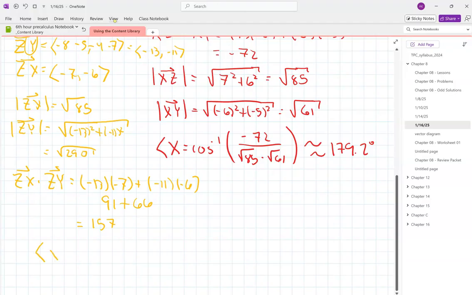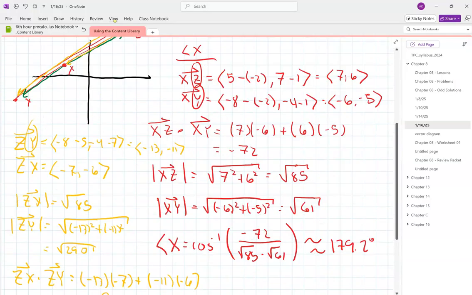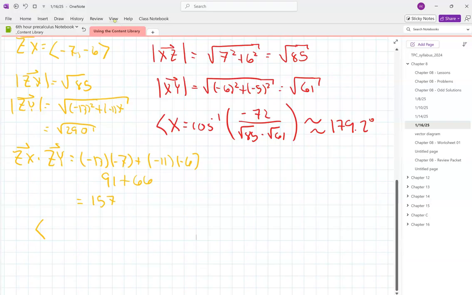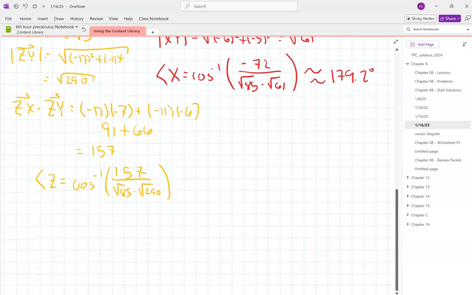So angle Z is what we're finding, and it's going to be cosine inverse of 157 over square root 85 times square root 290. So we do it again.